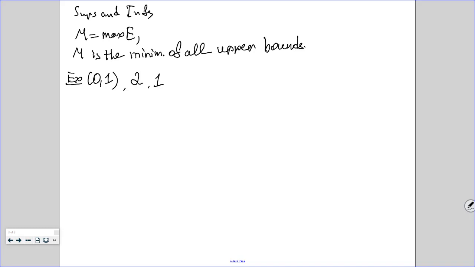Now let's define what we mean by least upper bound. Suppose E is a set of real numbers that is bounded above.